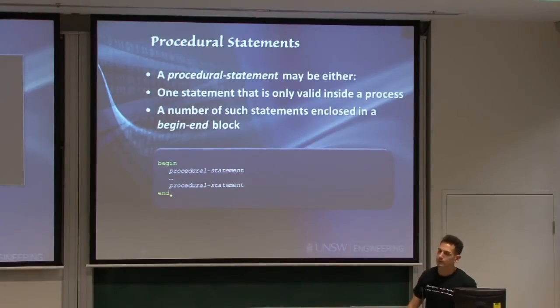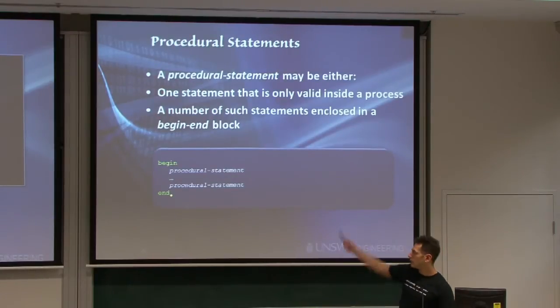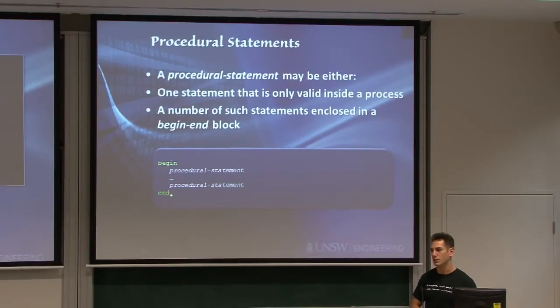Inside this block, you can put as many procedural statements as you want. If you want to parallel it to C, begin and end is very similar to the curly brackets you have in C when you open a block and then close it later. Here we don't have curly brackets, or not for this meaning. We do have a begin and end block.